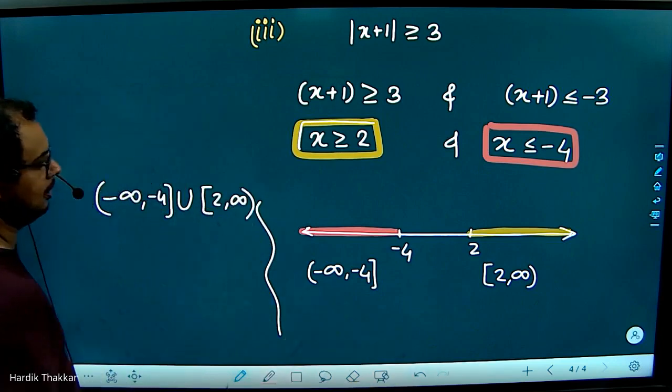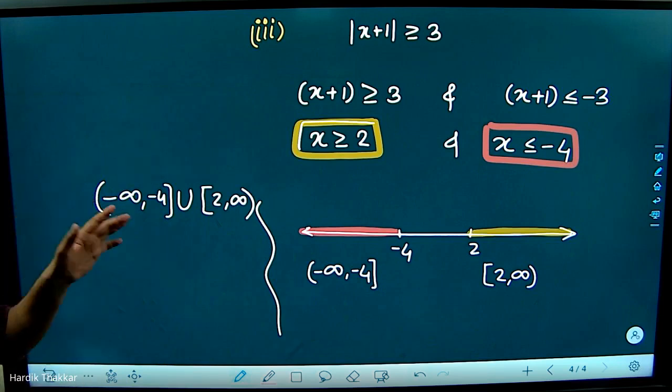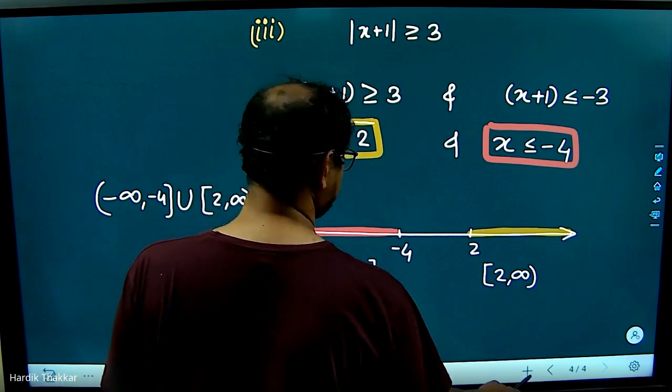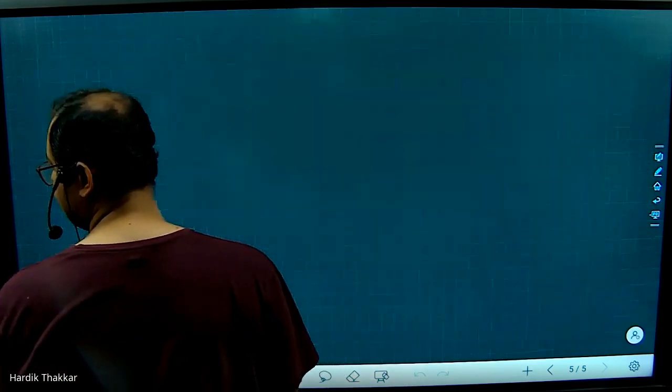Okay. Just check this. Yes, sir. Is it clear? Okay. Now try to solve the fourth part.